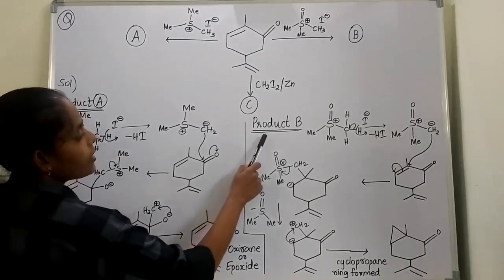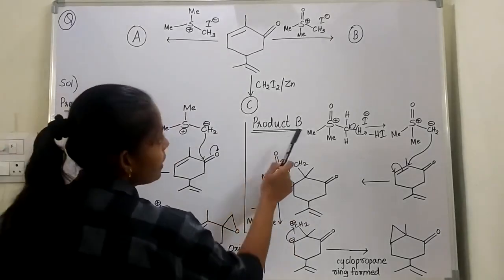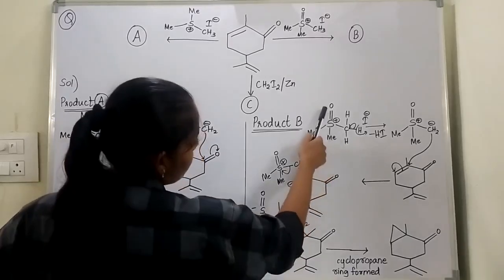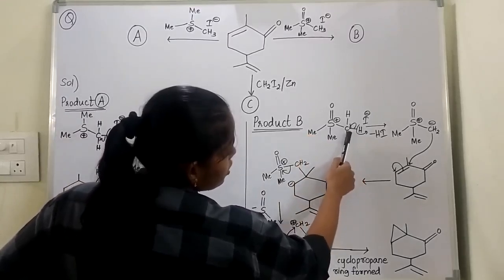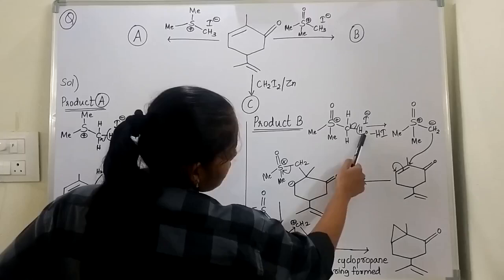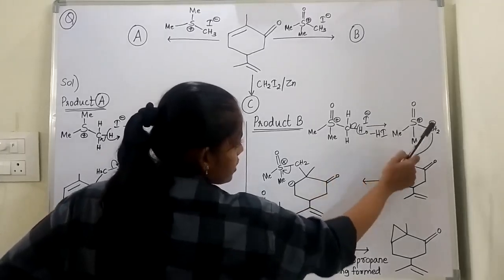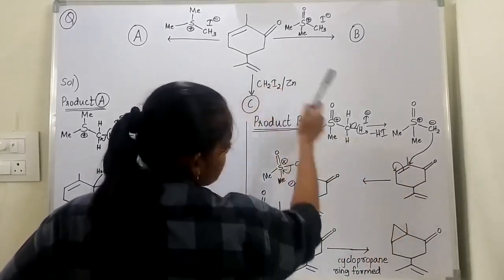Now let us find the mechanism involved in the production of product B. So first, in trimethylsulfoxonium iodide, the carbon here will take the bond from hydrogen, leaving hydrogen as H+. HI is eliminated and the carbon here will get a negative charge. Now this compound will react with the reactant present over here.